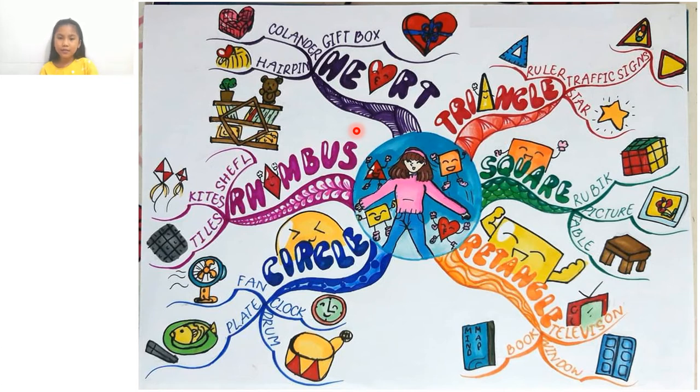Or we can also see hearts at a party or maybe on a card, right? Heart is a very special shape, and people usually use hearts to show that they love you and are taking care of you, right?